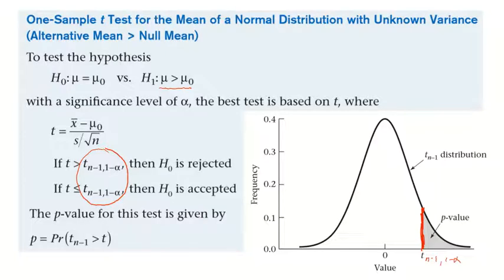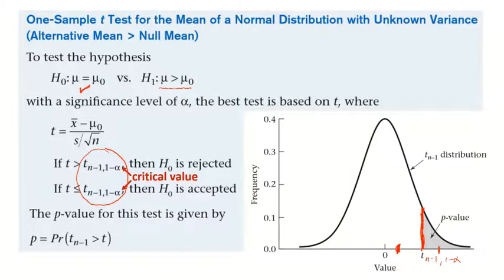So if our sample mean goes over that border, then we have to accept the alternative hypothesis and reject the null hypothesis. But if our sample mean is below that critical value, somewhere here perhaps, then we accept our null hypothesis, because there is not enough evidence that it should be rejected. So these are all one-tailed tests.